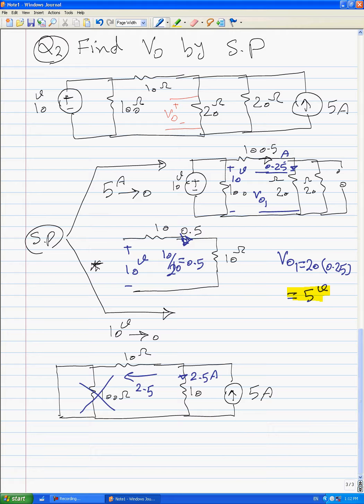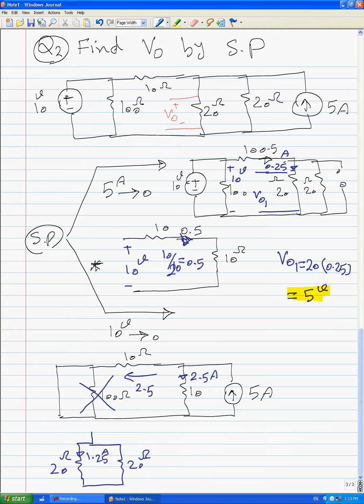Now we have 2.5 amps here for 2 20-ohm resistors. That's why immediately we can say the current here is equal to 1.25 amps.